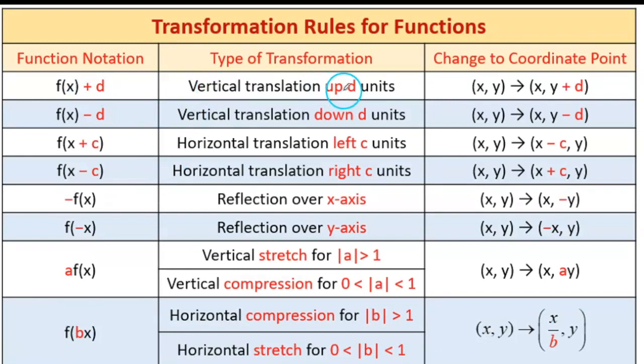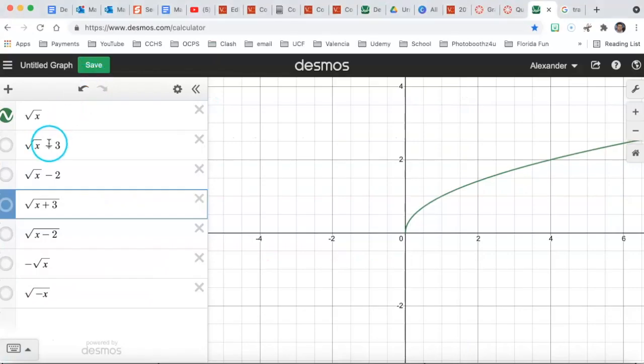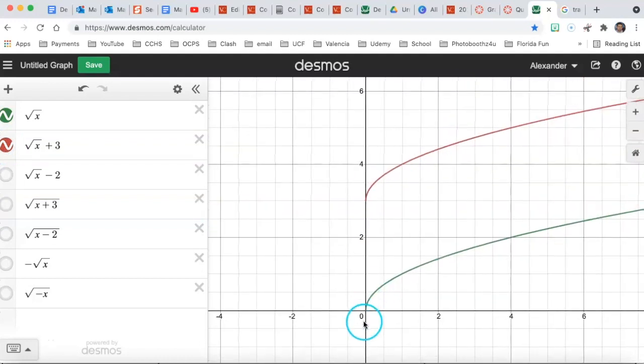It's going up, whatever number it is. x plus 3. So that means it's going to go up 3. Look at that. This point 0, 0 went 1, 2, 3 up. So every single point of my graph will go up 3. Look at this point. 1, 2, 3.